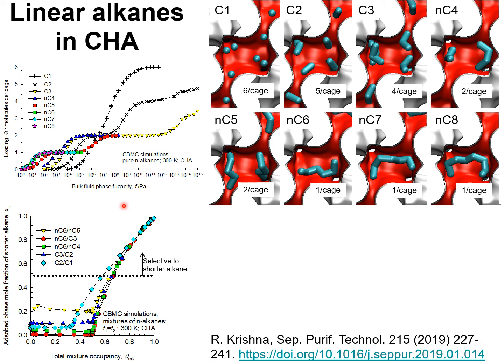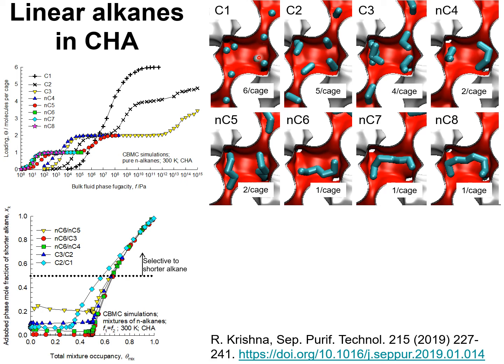The entropy effects that manifest during separation of linear alcohols in Chabasite also hold for separation of linear alkanes. Here are configurational bias Monte Carlo simulations for linear alkanes in Chabasite. The saturation capacity of methane is 6 molecules per cage.